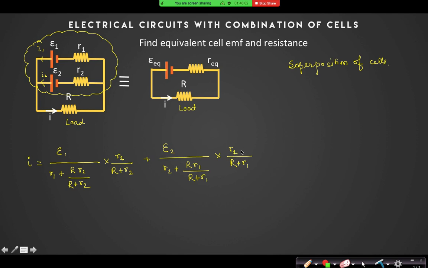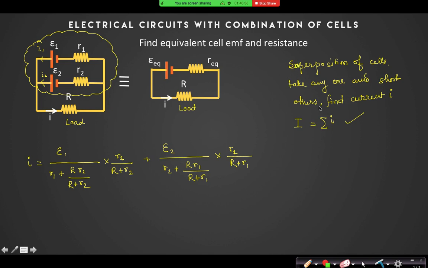Remember, in superposition of cells, if you have more than one cell, then you can first take any one cell and short the others. Find current I. Then the total current in any branch will be the summation of the currents. This is called the superposition principle, right?